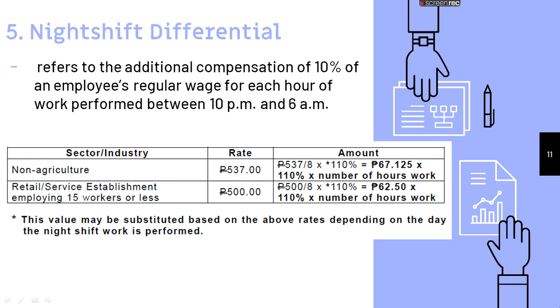Nakabuo muna ng 8 hours, and then additional na may overtime. And then, pag inabot niya yung 10 p.m. onwards, pera ng percentage ng overtime plus additional 10% ng night shift differential. So, yan po, 10% ng night shift differential per hour rate po natin.